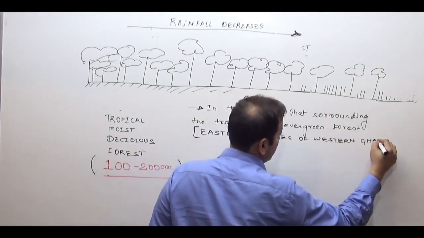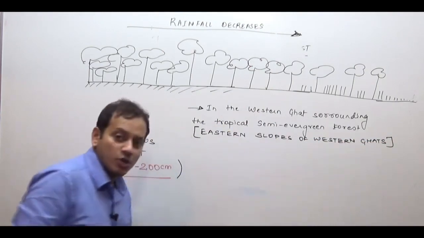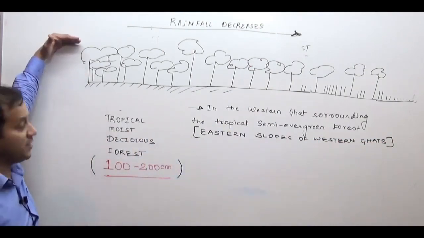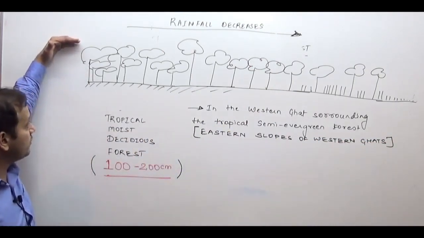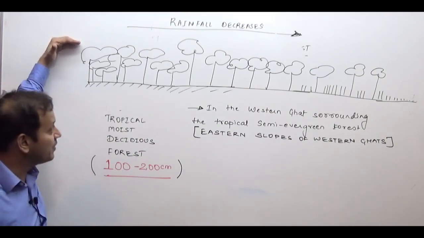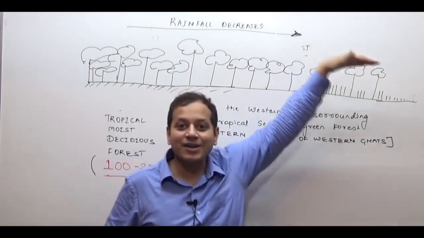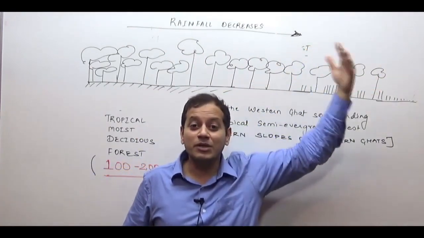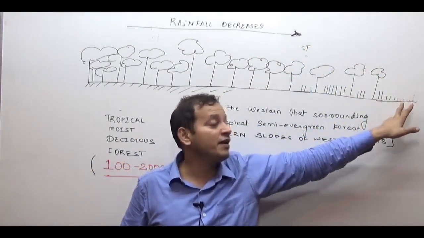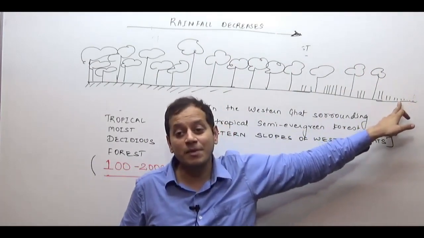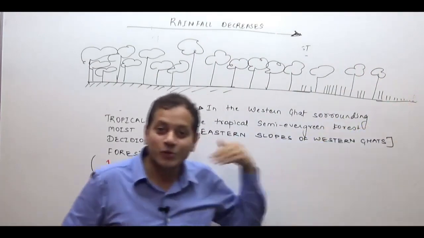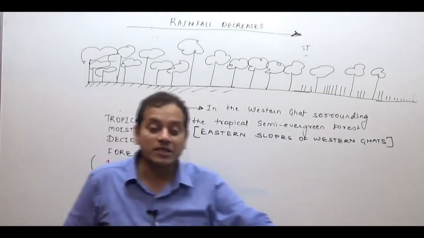So in terms of the Western Ghats, you can see initially on the western slope tropical evergreen, semi-evergreen, deciduous, dry deciduous, and in the rain shadow region of the Western Ghat you have a drought-prone area, that is the tropical thorn forest. This is how the transition is occurring in the Western Ghat region.